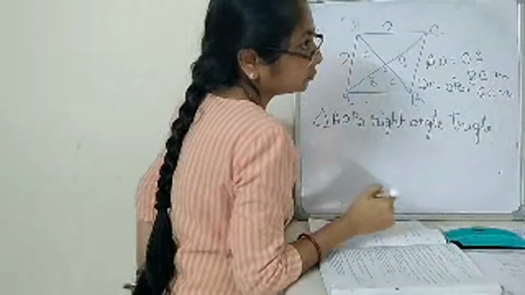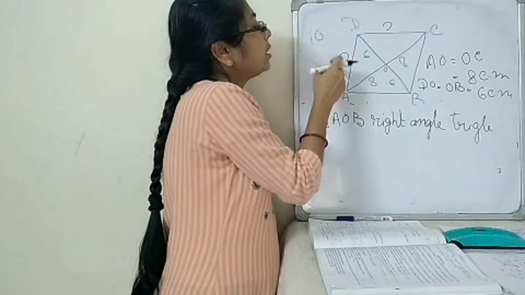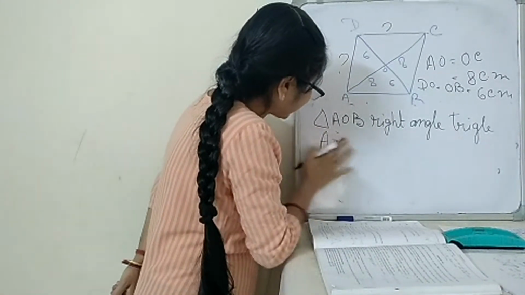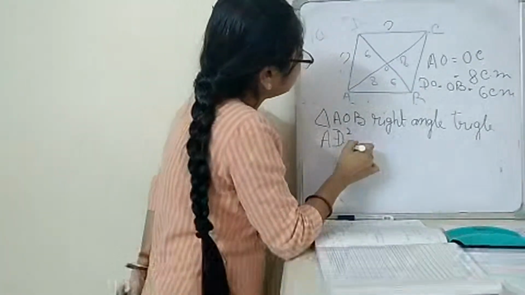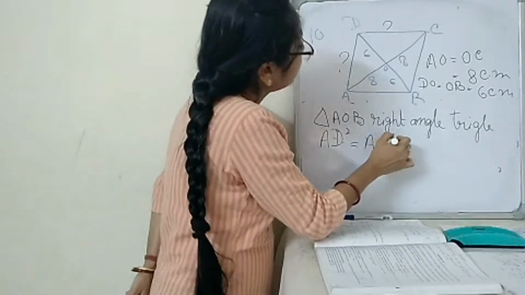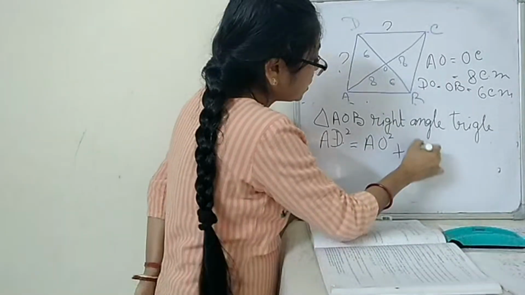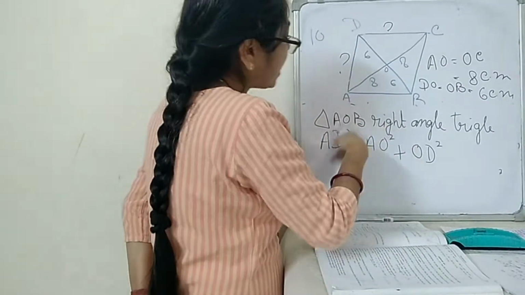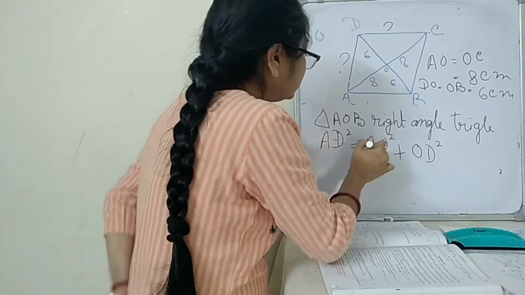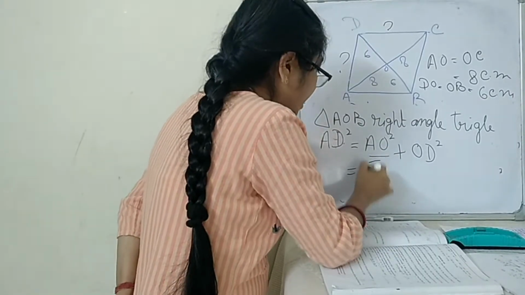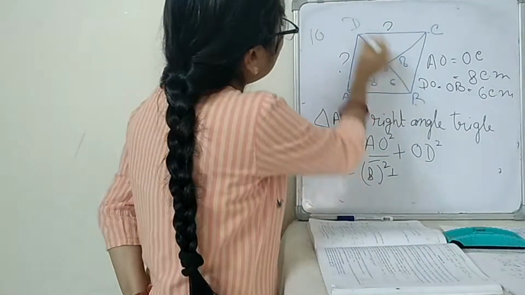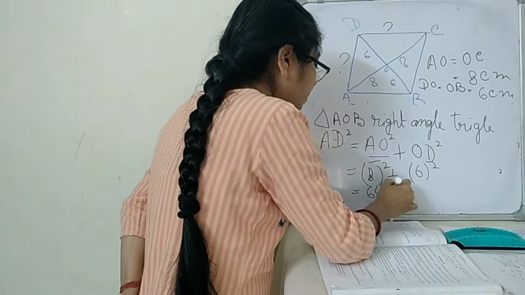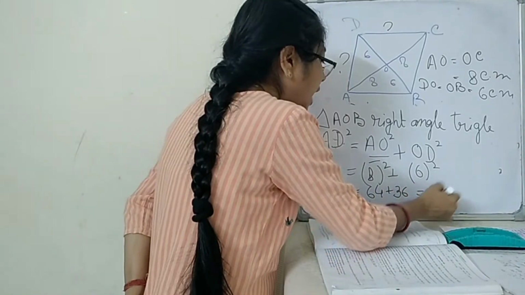So according to the rule, the hypotenuse is AD. AD square equals AO square plus OD square. Hypotenuse square is equal to base square plus height square. So I put the value. AO means 8, 8 square plus OD means 6, 6 square, means 64 plus 36 equal to 100.